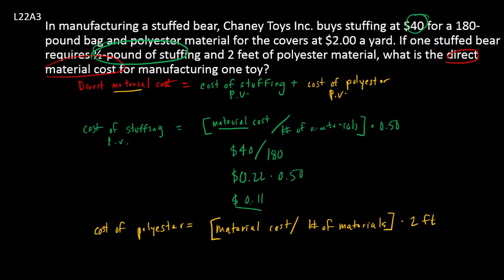And why 2 feet? Because it takes 2 feet of the material to make a bear. So this is going to break it down into a unit cost, and this multiplication is going to tell me the cost per bear.